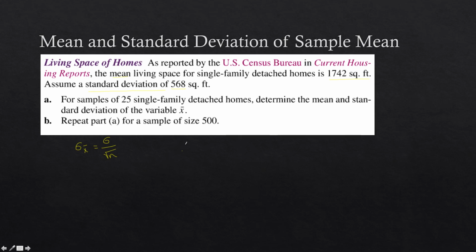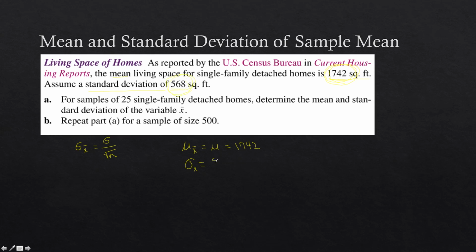Well, the mean is easy, because remember, the mean of the sample is equal to the population mean. So what is the population mean here? Well, I just told you it was 1742. That's the mean. So it's going to be 1742. So that's not a big deal there. Now, when it comes to the standard deviation, well, we know the standard deviation of the population.